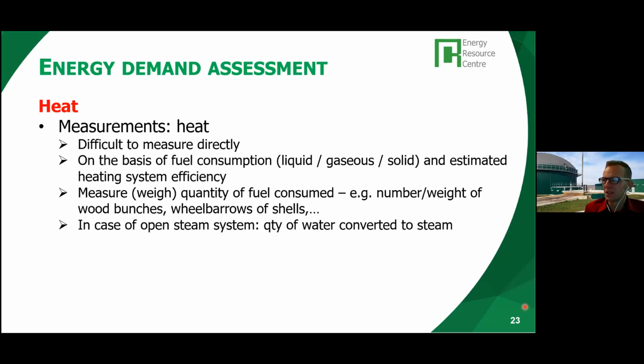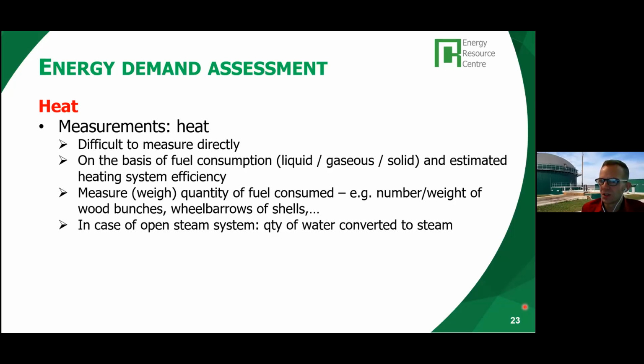Whereas, let's say, directly measuring steam or hot water really requires information on pressure, temperature, and especially on flow. And although pressure and temperature are relatively easy to measure, flow is not typically something that is measured in factories, in the typical factories that you may be looking at.